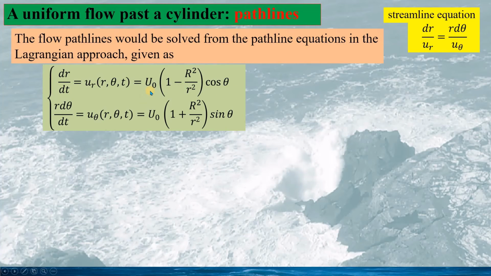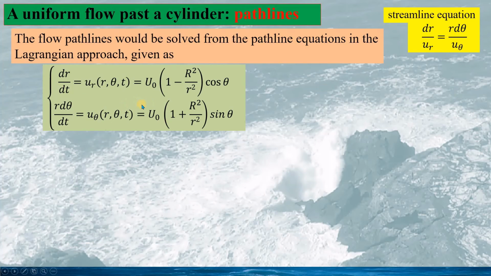So we have the expression for ur as this, and r d theta over dt is u theta. So it is given as this. So we have the velocity component ur and u theta before. And we can see the velocity components are time independent because this is a steady flow.